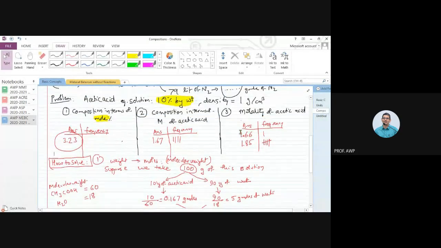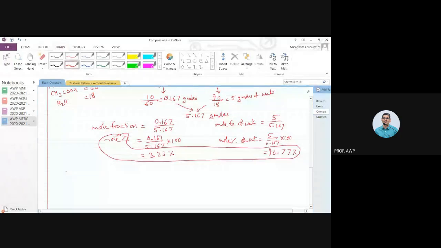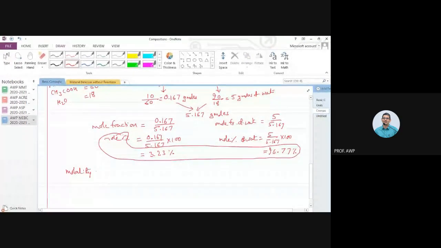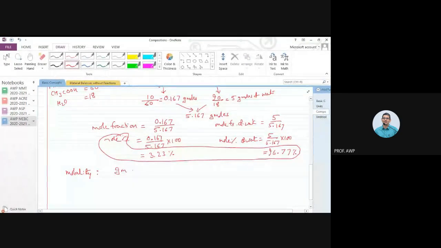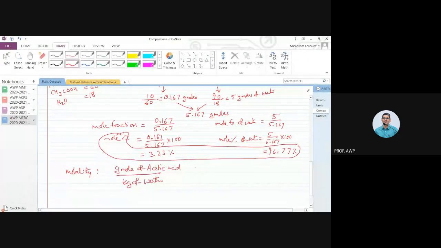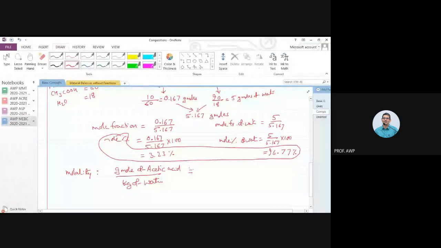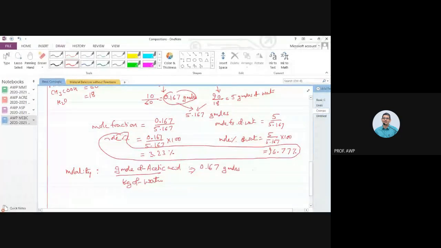Okay. Now, what is the molality and what is the molarity? Let's do molality first. Molality. How many gram moles of acetic acid is there? Gram moles of acetic acid per kg of water solvent. We have 0.167 gram moles. 0.167 gram moles are in how many kgs of water?